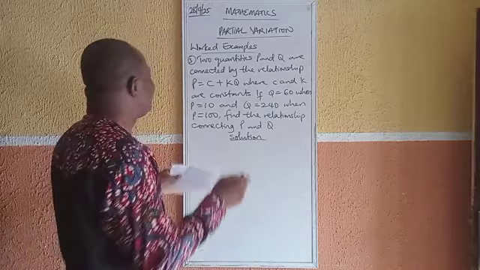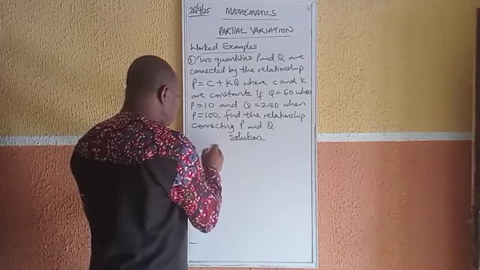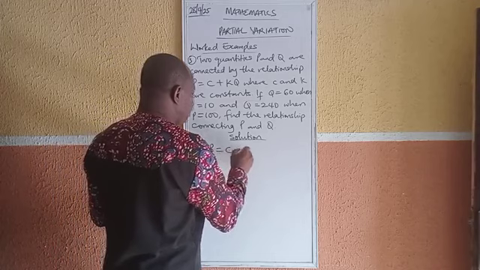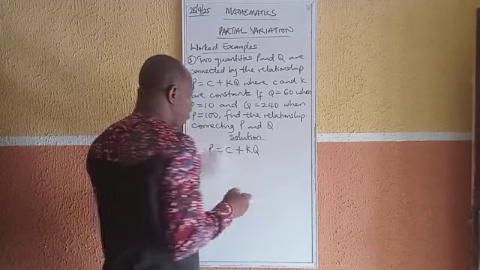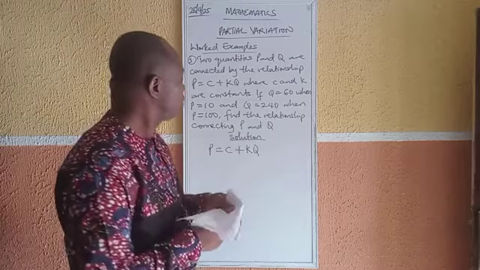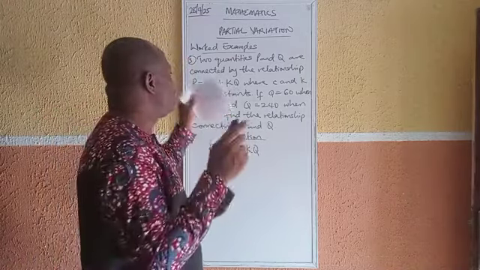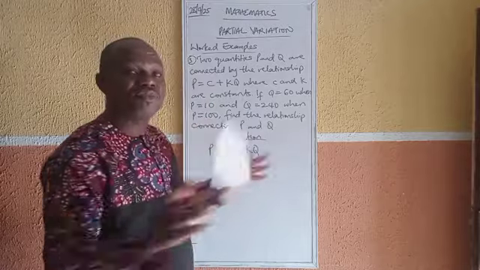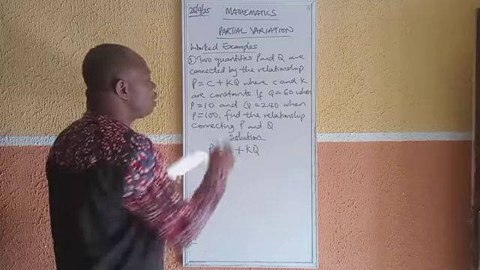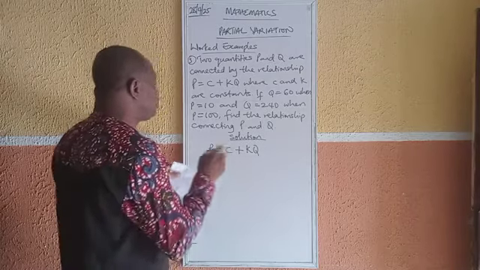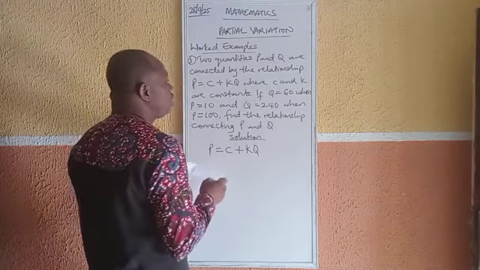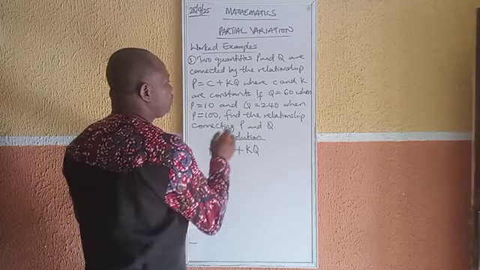Let's see. We are given already that P equals C plus what? KQ. We have already been given that, no job for us to do. And we have already been told that C and K are what? Constants. So let's substitute the given values inside to solve for the constants.